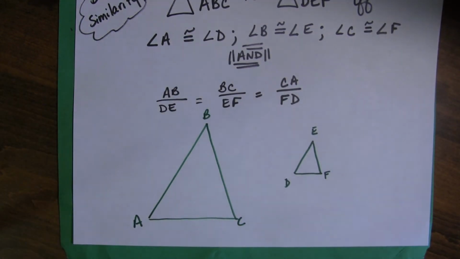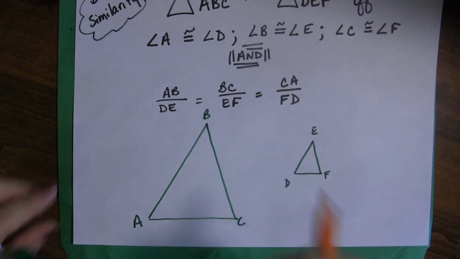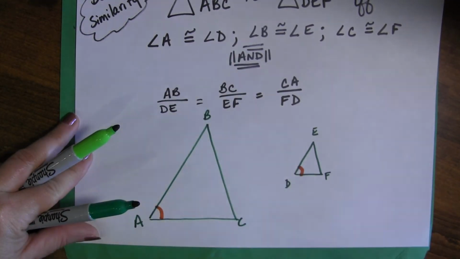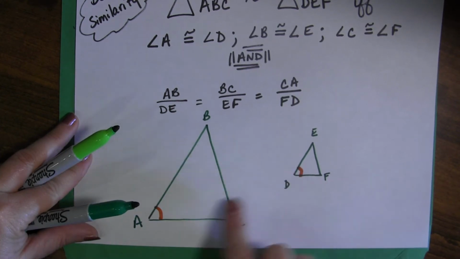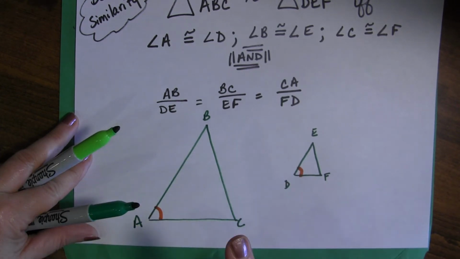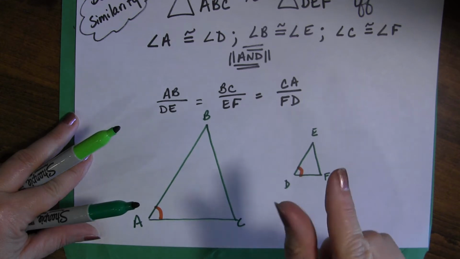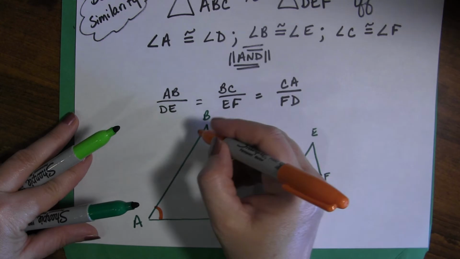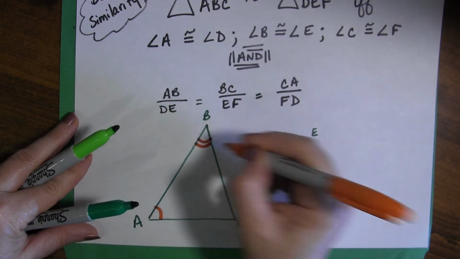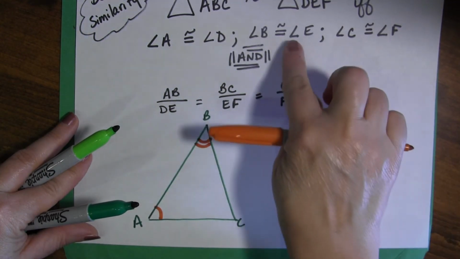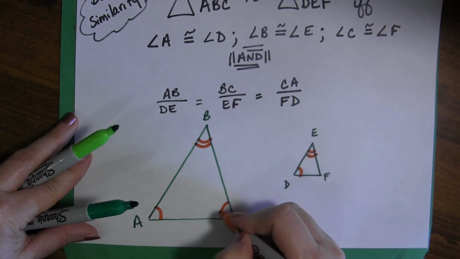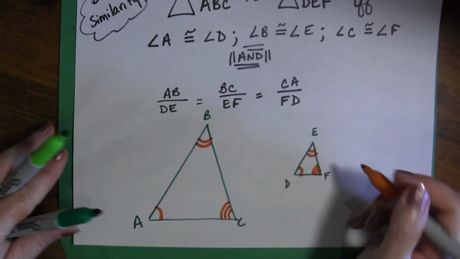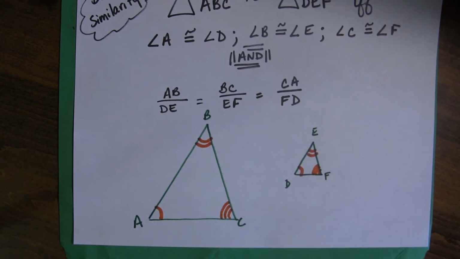We know that angle A has to be congruent to angle D. And so even though this is a smaller triangle, the amount of opening, the width of that opening, is the same in both triangles. There's the same angle measurement. And the same is true here. We have angle B is congruent to angle E, and we have angle C is congruent to angle F. So that's one thing that we know.